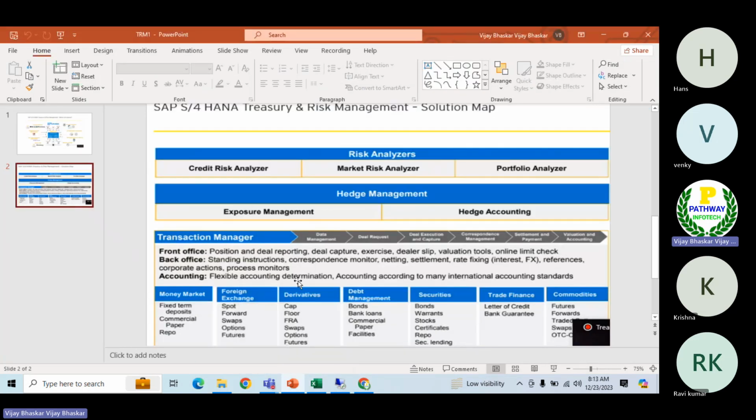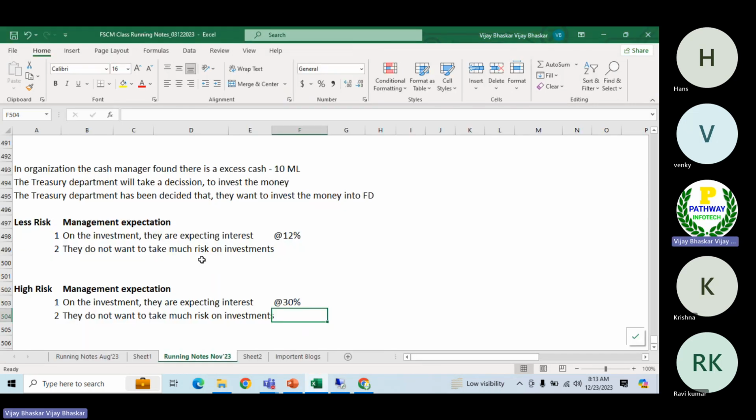Now, in which instrument are we doing the investment? If we are expecting more and more return, whether it's a money market instrument or foreign exchange or derivatives or debt management, which instrument are we going to choose in order to get those returns? It could be a positive direction or a negative direction. But the organizations must be in a position to manage that risk.